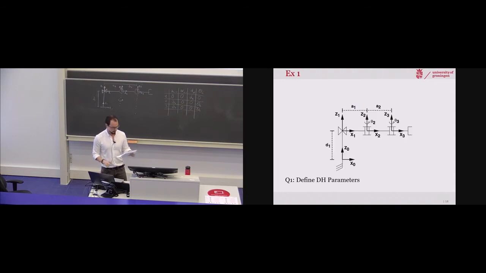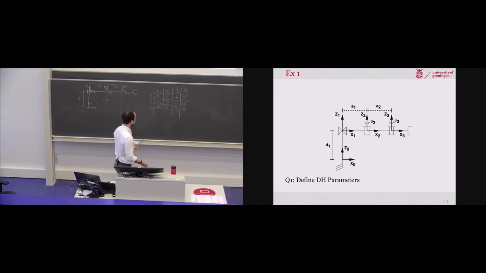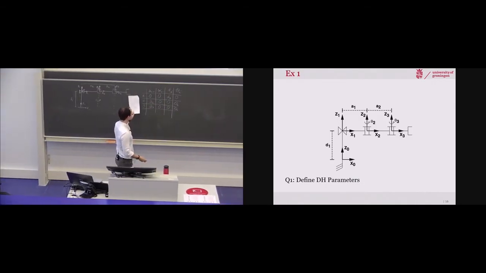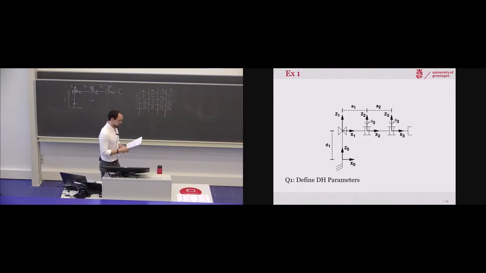Now we have point C and point D, which are basically to derive the forward kinematics for the manipulator, that is, to find the matrix from 0 to 3. How do you do that? Well, this comes directly from this table over here. When you have this table, then you are basically done. Why?